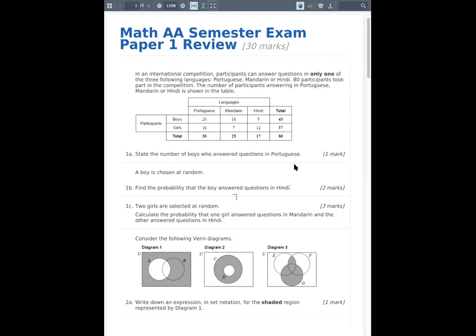So the first fraction for this question would be 7 over 37, because you're looking at Mandarin out of girls. Then the next girl answered in Hindi. Since you already have one girl who answered in Mandarin, the next denominator is going to be 36. Since we're now looking at Hindi, we would be looking at 12, but out of 36. So at the moment it would be 7 over 37 times 12 over 36.